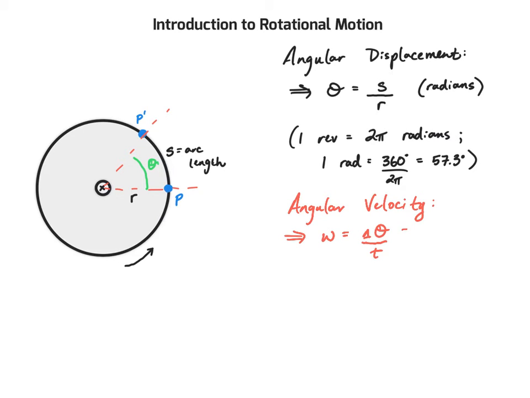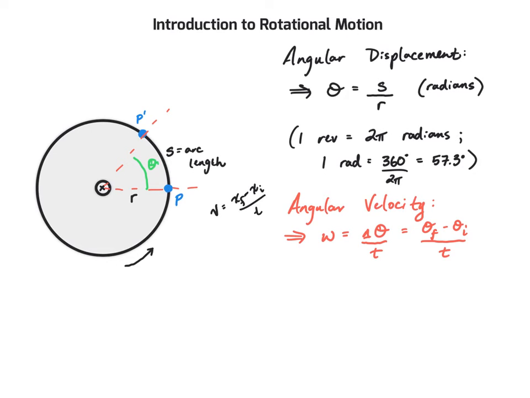And we can extend this out further and say theta final minus theta initial divided by time. And now we could relate this to our 1D kinematics where we had velocity equal to x final minus x initial divided by time.